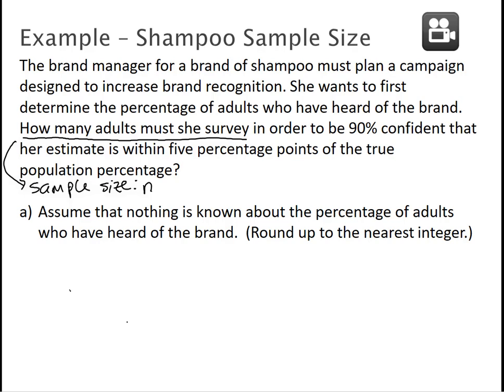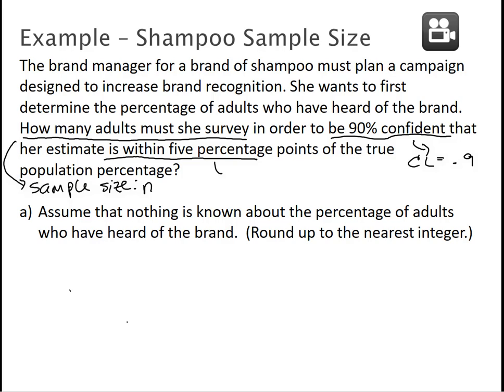The problem then says she wants to be 90% confident. So that means my confidence level is 90%. I'm going to convert that to a decimal and say that's 0.9. And her estimate needs to be within 5 percentage points of the true population percentage. When you see wording like "within blank percentage points," this is a key phrase that you're looking at your margin of error.